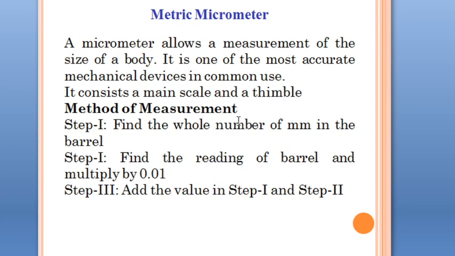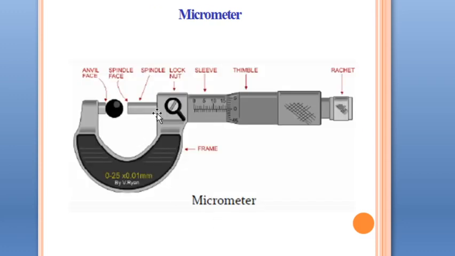Then adding these two, we get the answer. First we have to find the main scale reading, which is a whole number, then the vernier scale reading multiplied with 0.01. Adding these two, we get the thickness or length of the part.